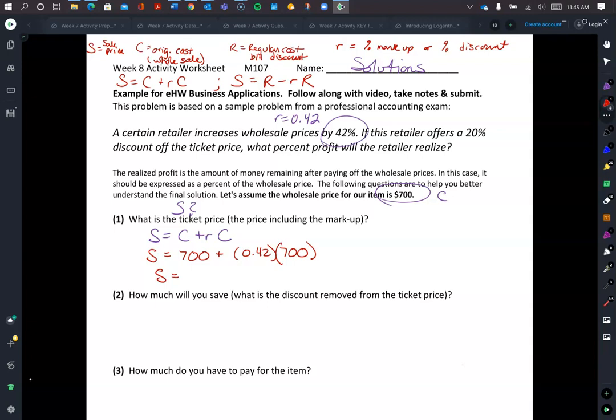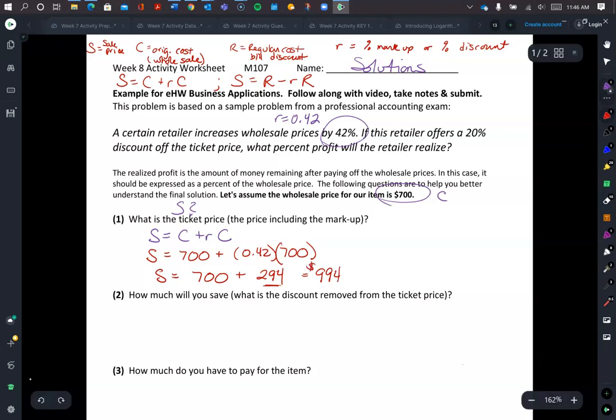But we can do it as 2 separate pieces on this one. So 0.42 times 700 is going to be 294. And then add on your 700. So this is how much extra they're marking it up. So that would be $994. And make sure you answer in a sentence.